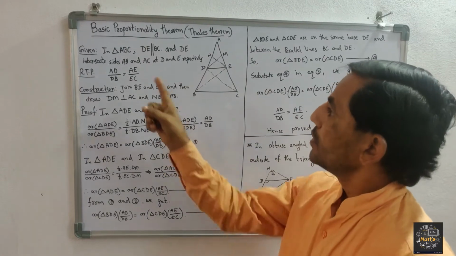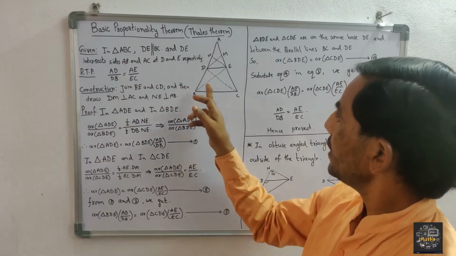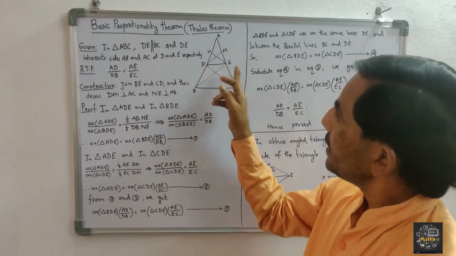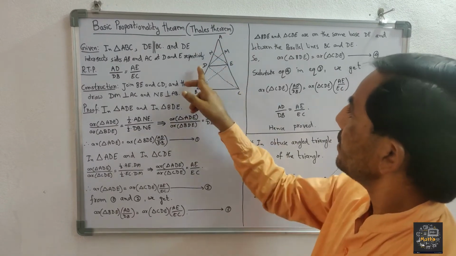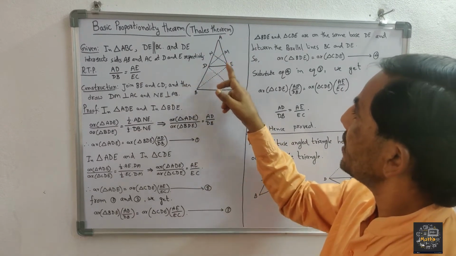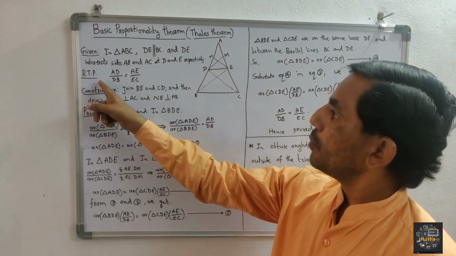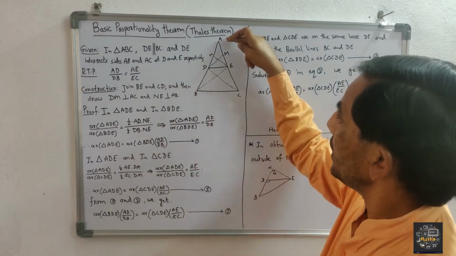So given that here in triangle ABC, DE is parallel to BC and DE intersects sides AB and AC at point D and point E respectively. That is given. Next, required to prove: AD by DB is equal to AE by EC.